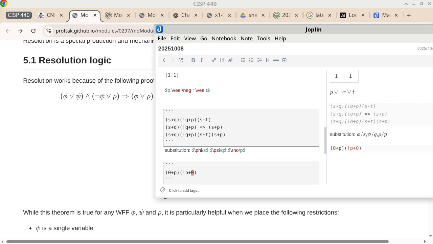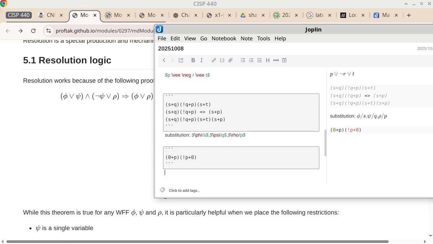That would not change anything, because false is the identity of disjunction, just like zero is the identity of addition. Does that make any sense? So that means, look at this, it does match the pattern. So in this case, what is the substitution that I need in order to apply resolution?